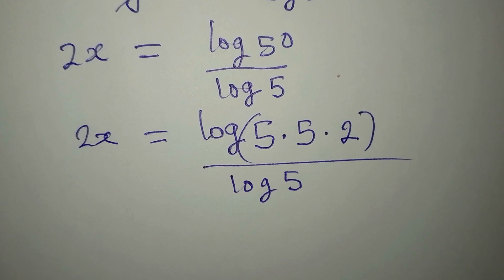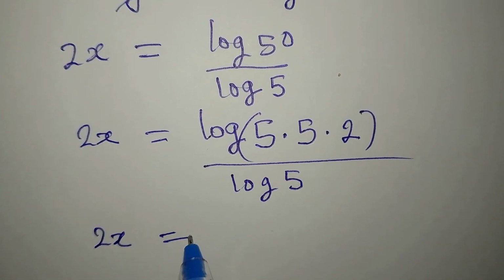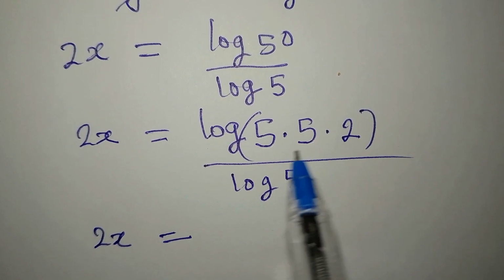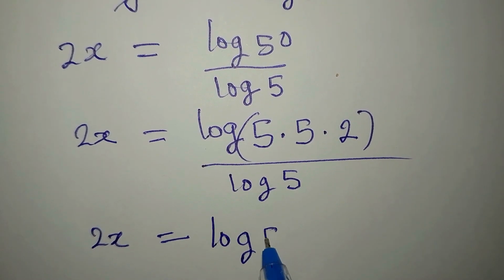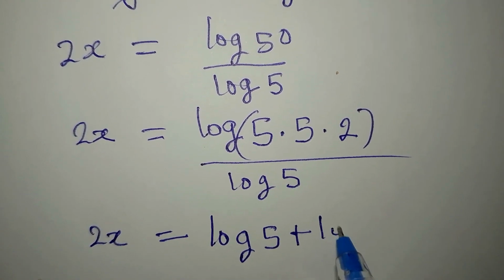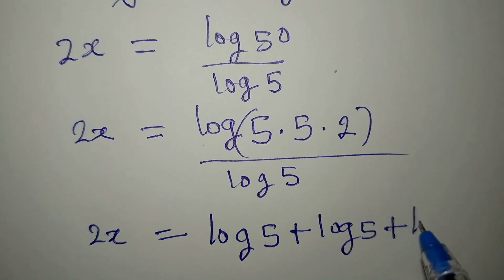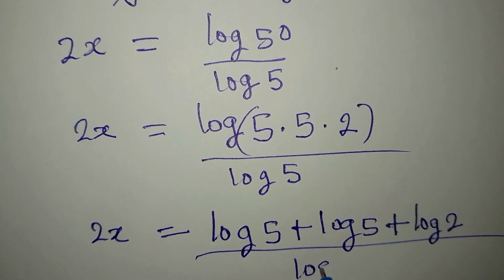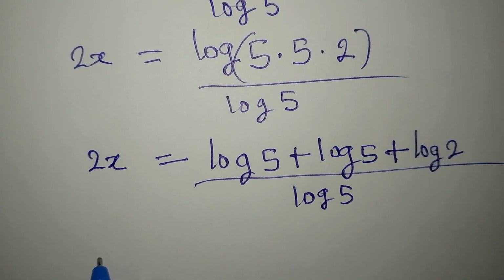We will now apply another law. Because we are multiplying 5, 5 and 2, we are going to add their logs. So we'll have log 5 plus log 5 plus log 2, and the whole of this will be divided by log 5.